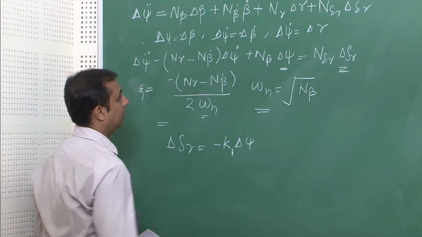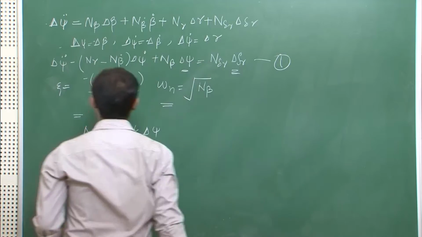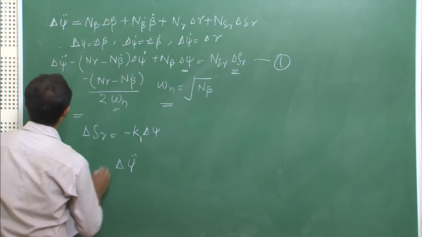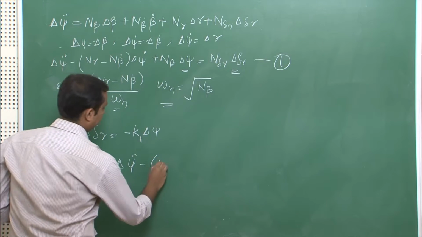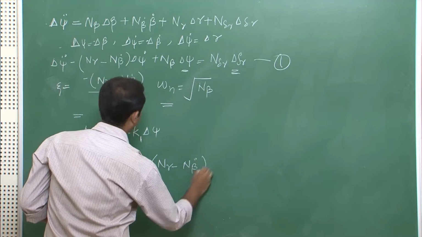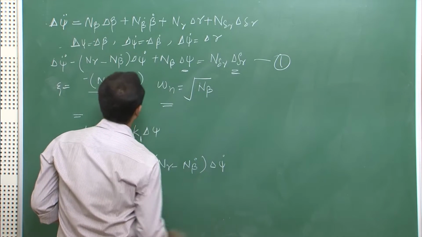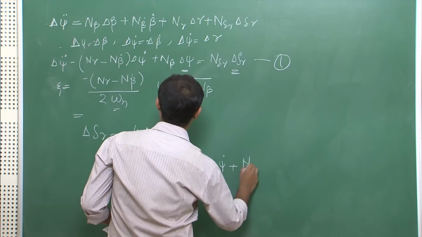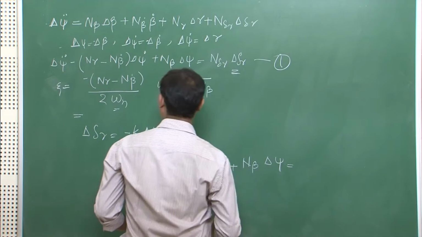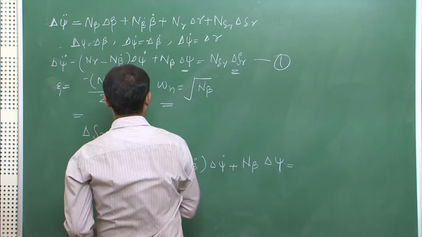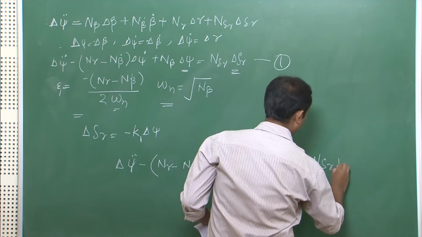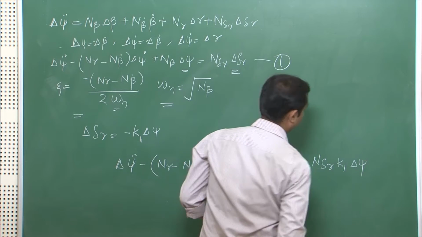Substituting this value in my differential equation 1, you will get delta psi double dot minus n r minus n beta dot delta of psi dot plus n beta delta of psi equals n delta r times delta r, which equals minus n delta r k1 delta psi.